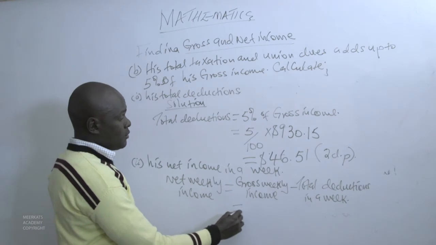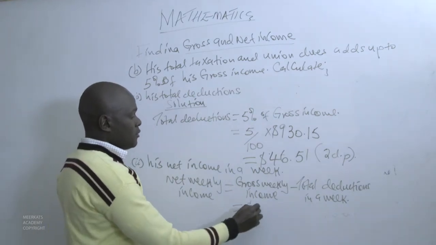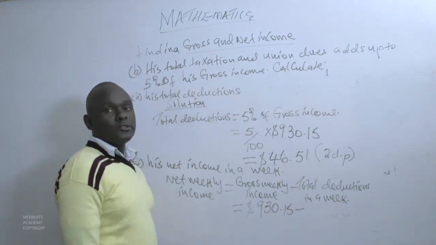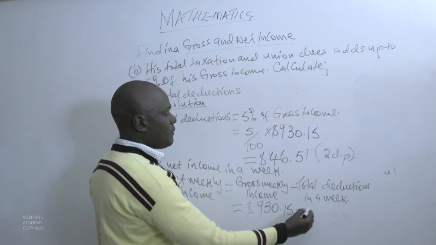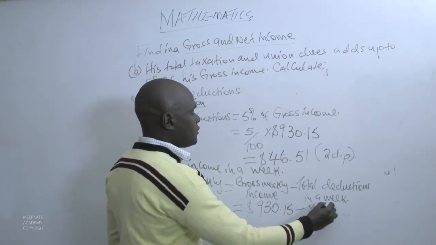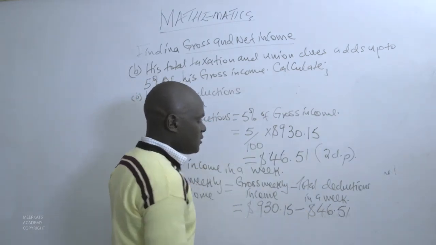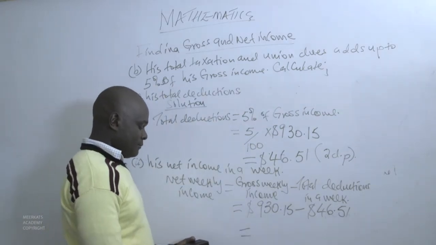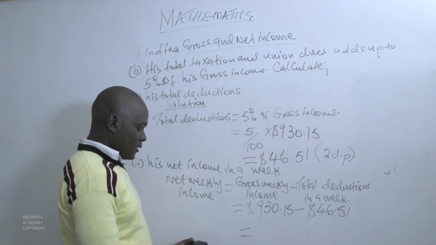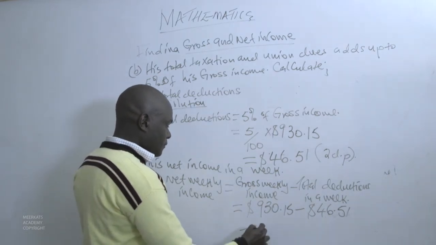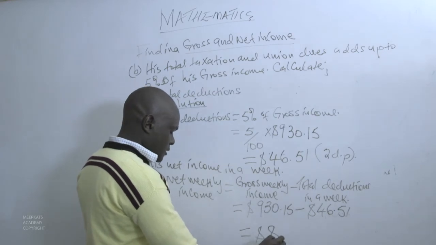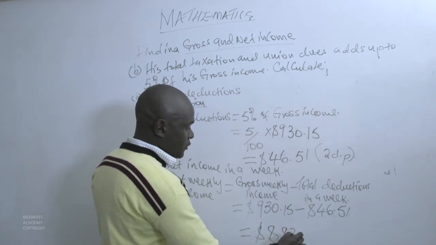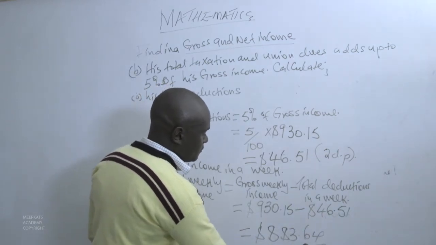And this, the gross weekly income is $930.15. Our total deductions we have calculated up here, which are actually $46.51, and this will give us a weekly net income of $883.64.